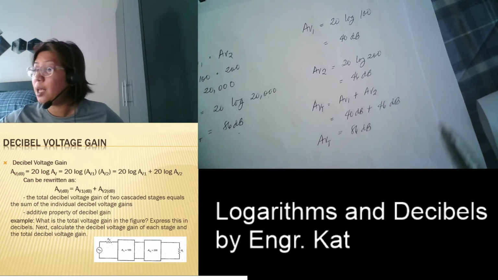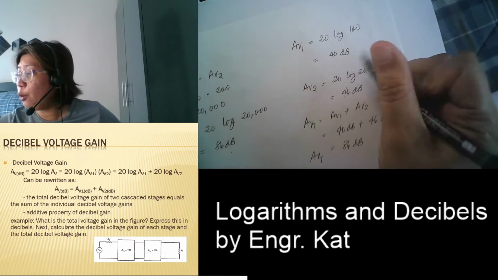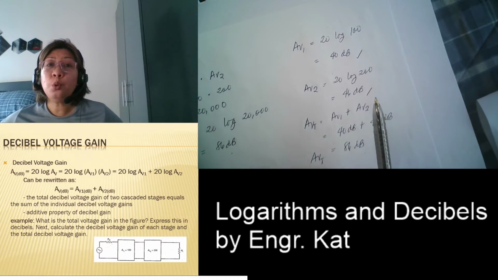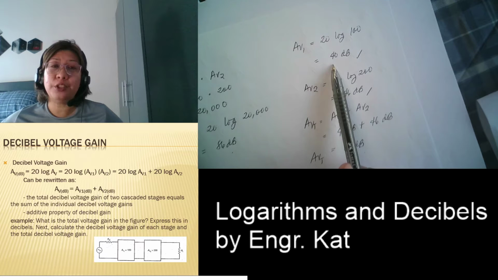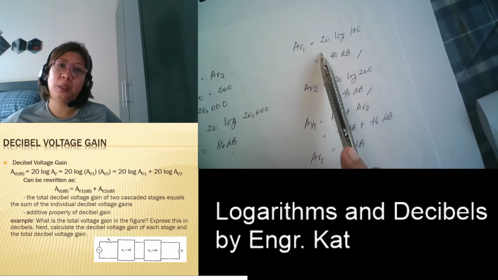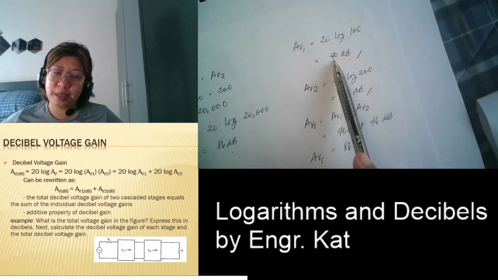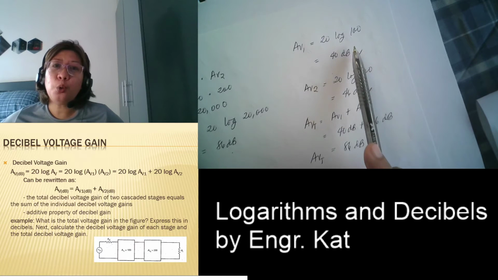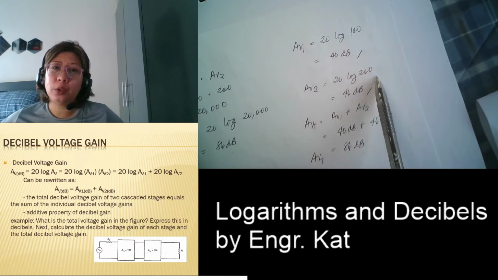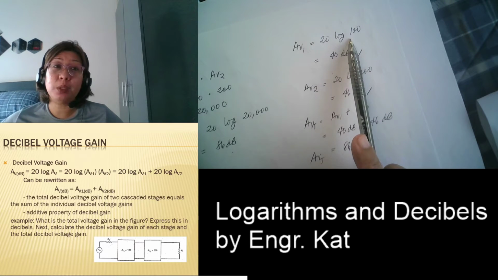So in this case, did you notice this one? The logarithm of 100 is 2, and multiplied by 20, you get 40 dB. Now 200 is 2 times 100.